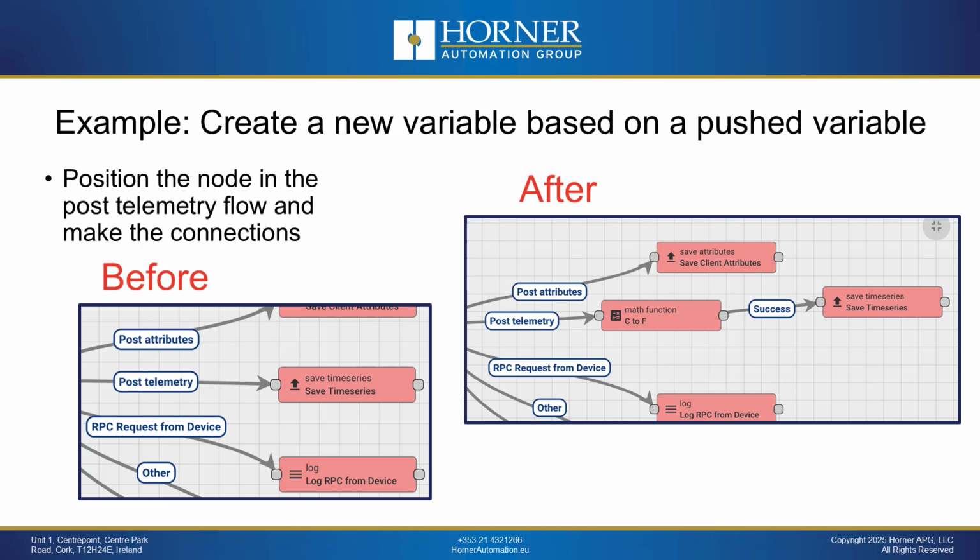It is a math function type, and it has been named C to F by us. That is going to be inserted in the post-telemetry area before we save time series. And the success bubble you see on the arrow after the math function just indicates that it should occur after successful execution of a math function. So this is what things look like on the rule chain.